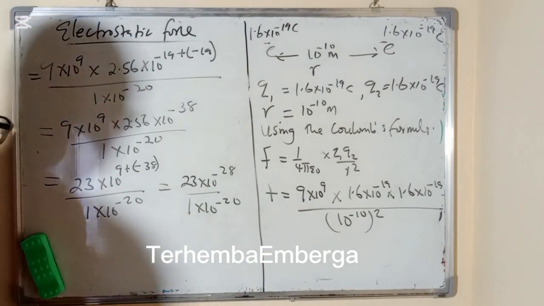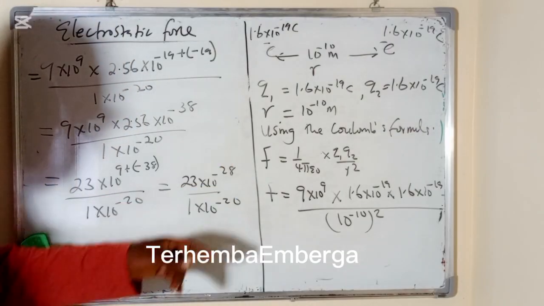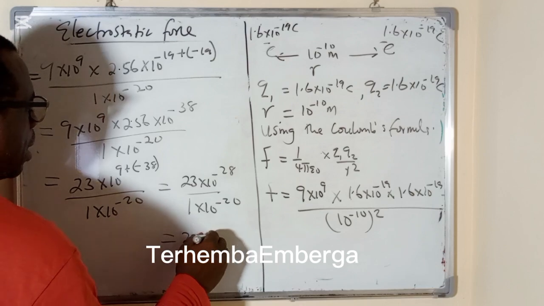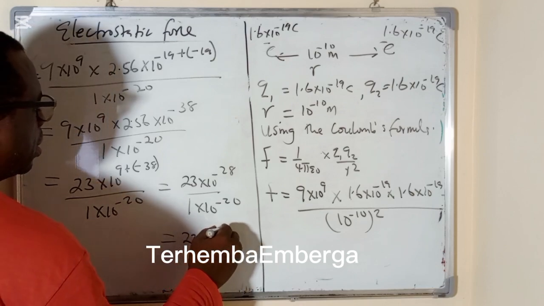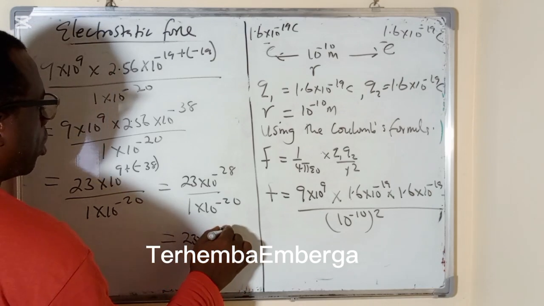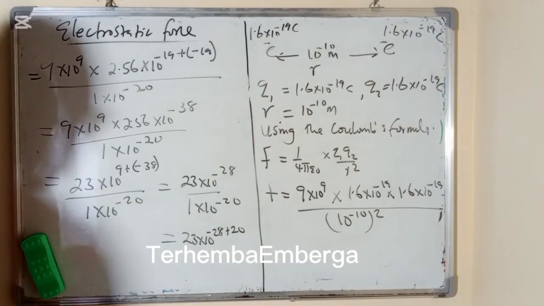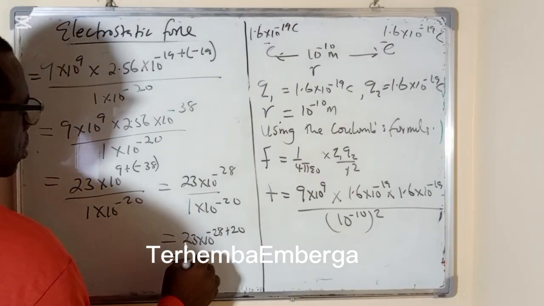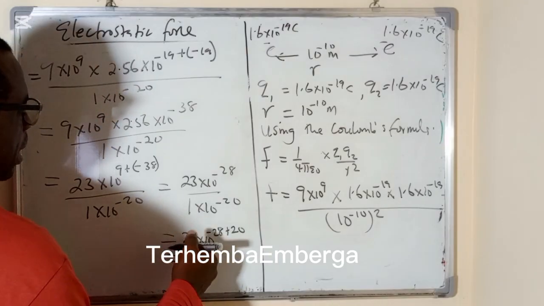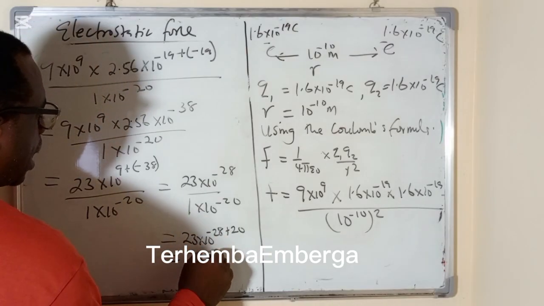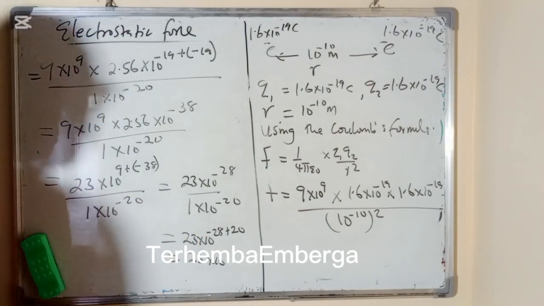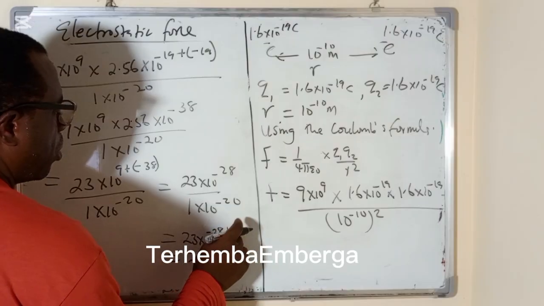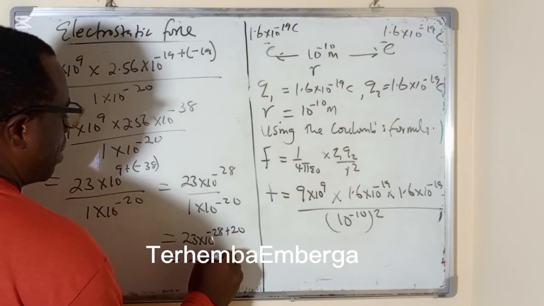So if you take this up, it becomes plus. So this becomes 23 times 10 raised to the power minus 28 plus 20, and that is all over 1, which is still the same thing. 23 times 10 raised to the power minus 28 plus 20 will give us minus 8.